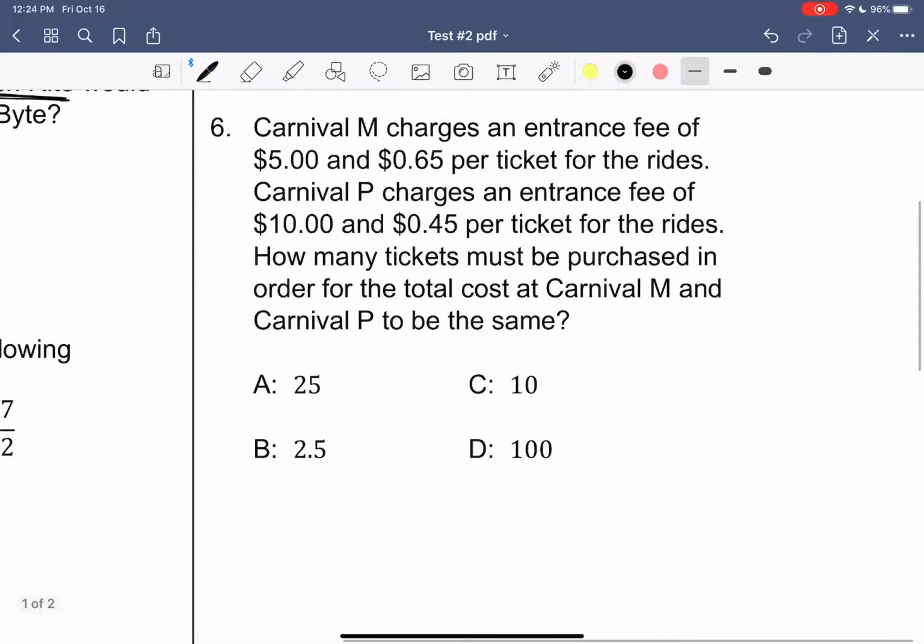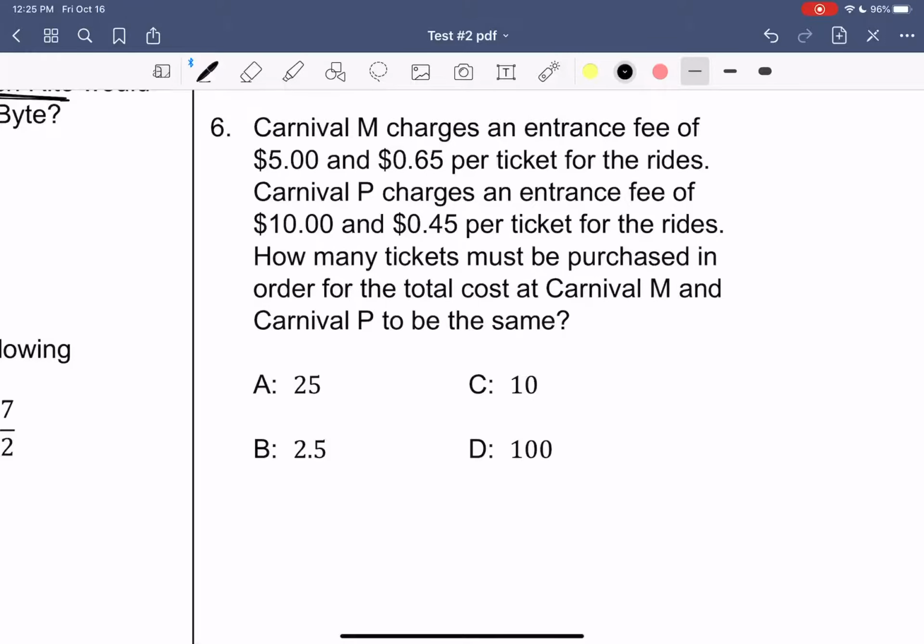All right, this one, Carnival M charges an entrance fee of $5.65 per ticket for the rides. Carnival P charges an entrance fee of $10.45 per ticket for the rides. How many tickets must be purchased in order for the total cost at Carnival M and Carnival P to be the same?